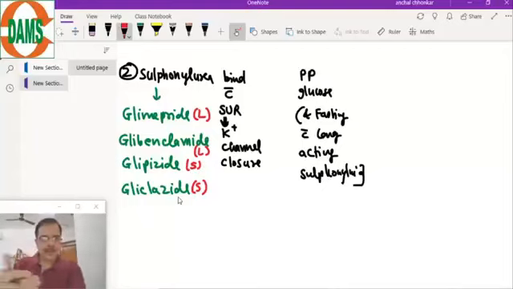So the long acting sulfonylurea will control the fasting as well, but the predominant effect is on the PP sugars. Here I have written glimepiride and glibenclamide.